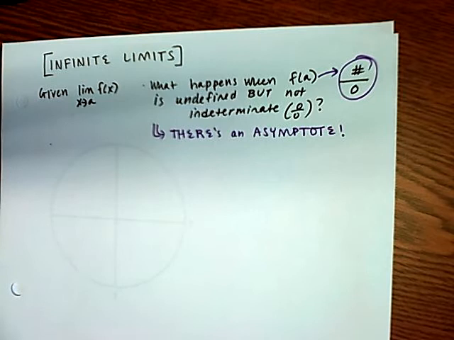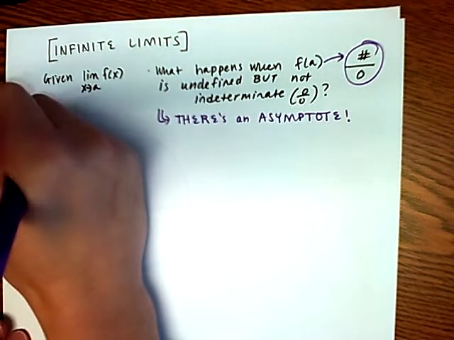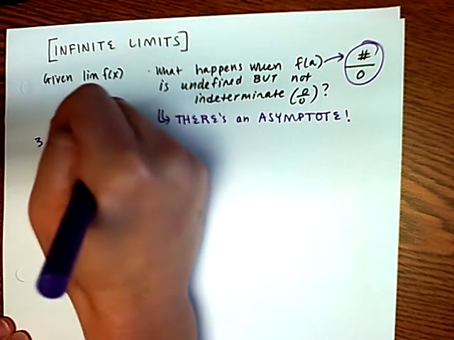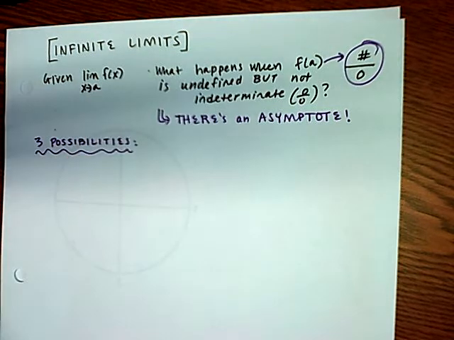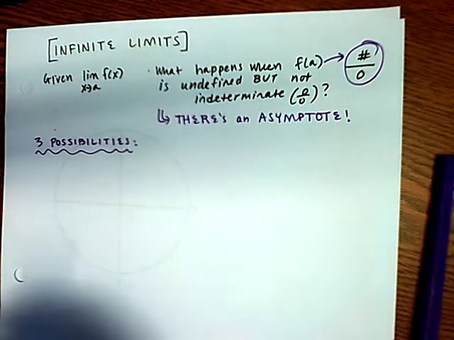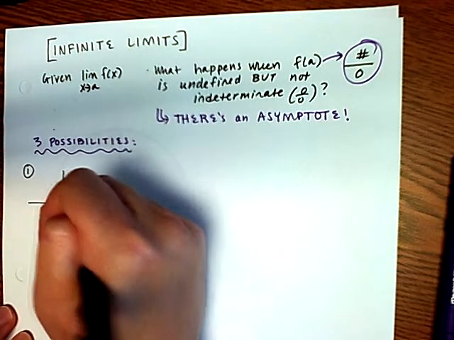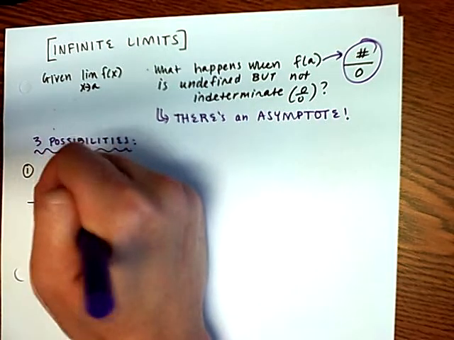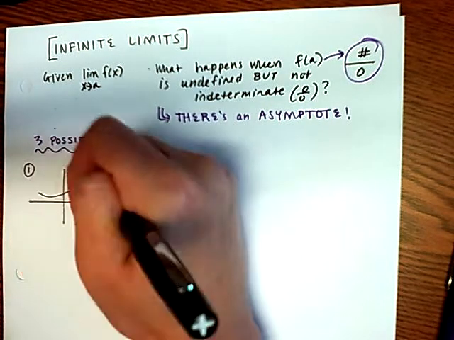Now, when there's an asymptote, remember there are 3 possibilities of what that asymptote can look like graphically. The first possibility is where, as you approach the asymptote at some x value a from both sides, they are both going up towards infinity.